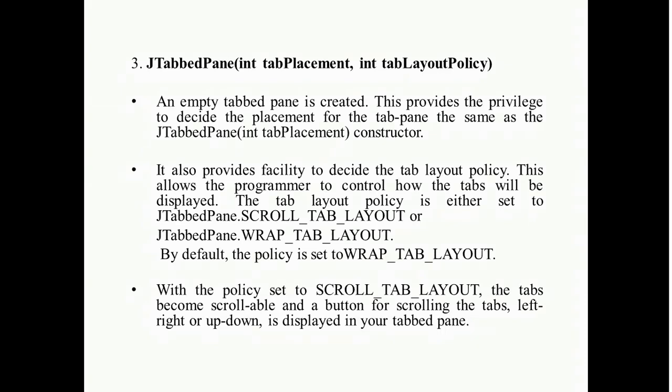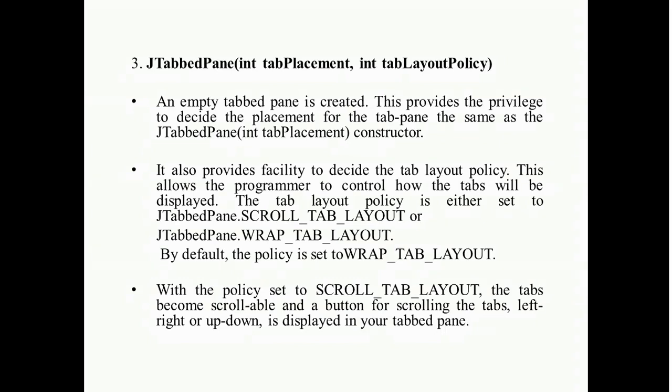Means the third constructor provides one more facility, that is the tab layout policy. So using the tab layout policy, the tab is either set to scroll tab layout or wrap tab layout, and by default it is set to wrap tab layout.